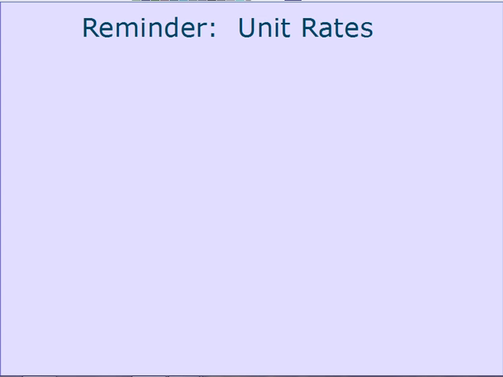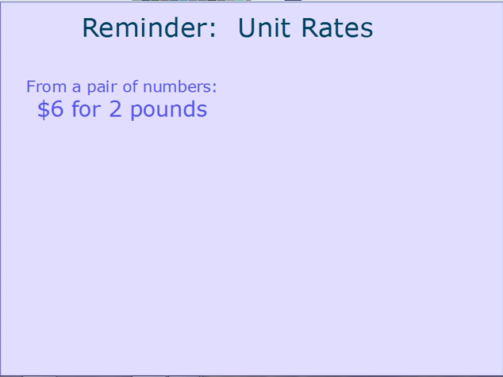A few things to remember with unit rates. If I have to find the unit rate from a pair of numbers like $6 for 2 pounds, remember that can easily be done by division. 6 divided by 2 gives me $3 per pound as a unit rate.